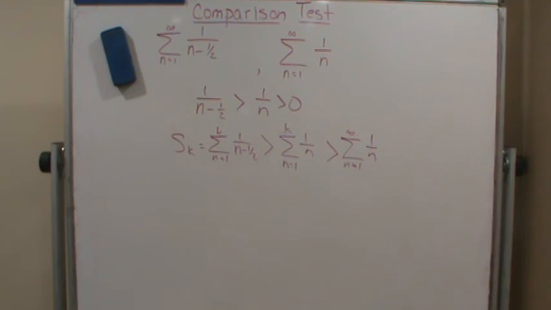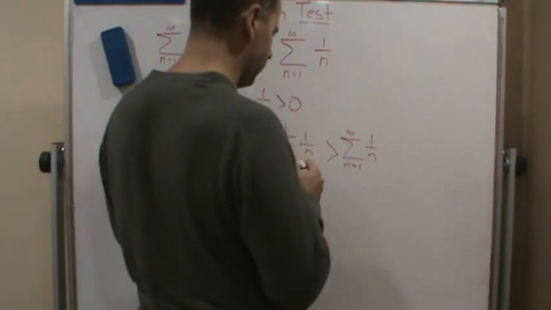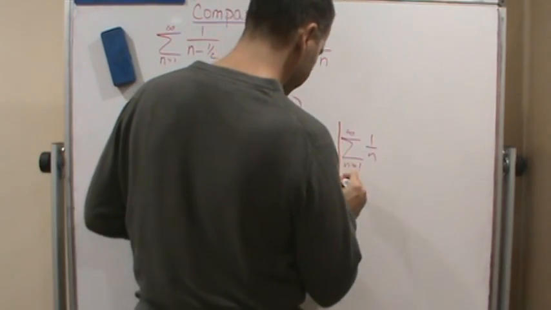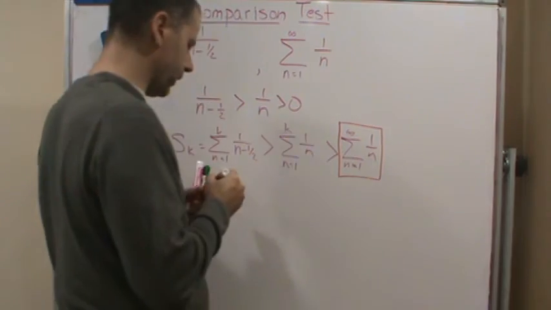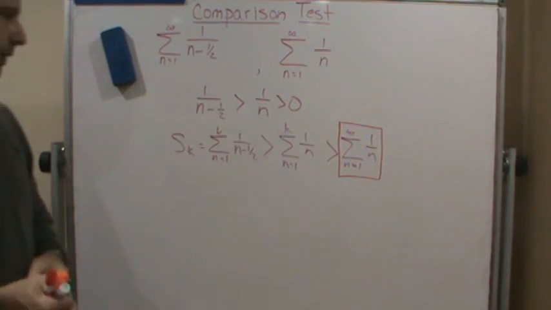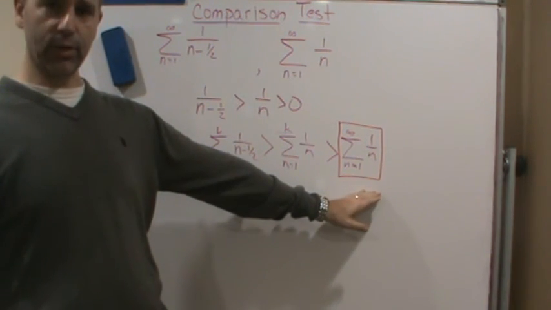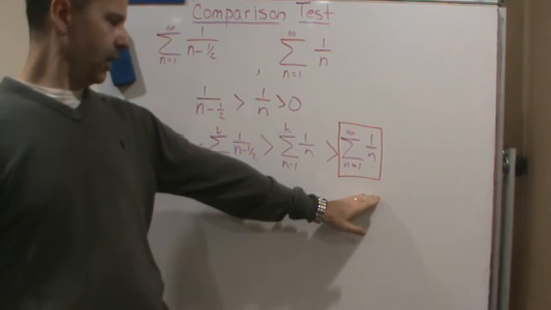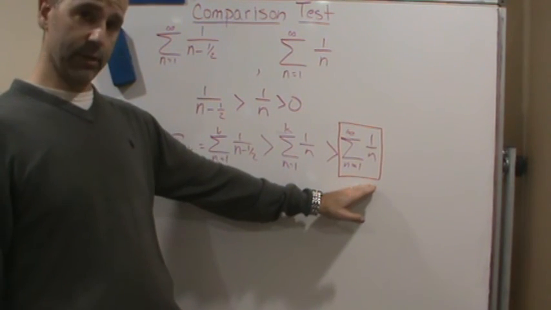Now let's compare these. Let's go back to the series on the right. We know that this is a divergent series. This is the harmonic series, so we know this diverges.